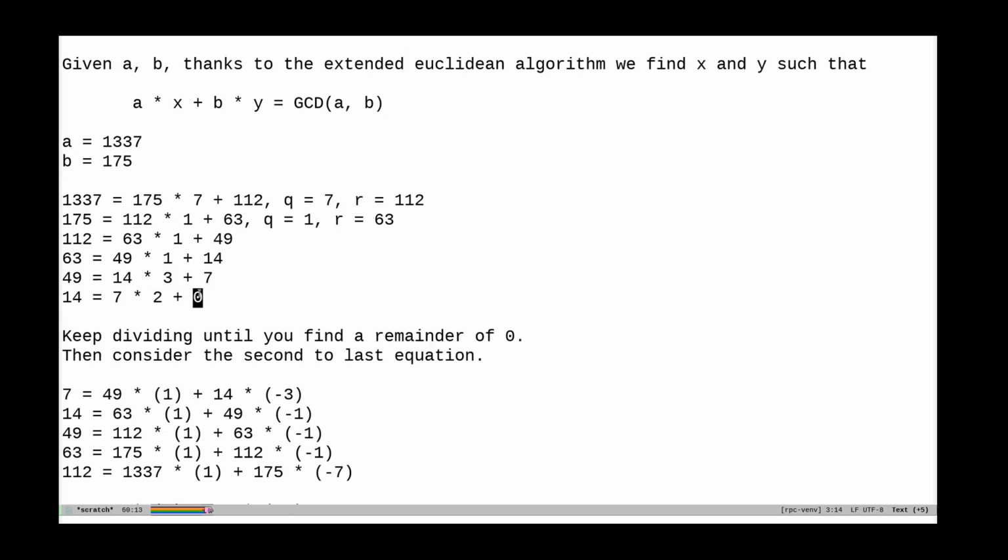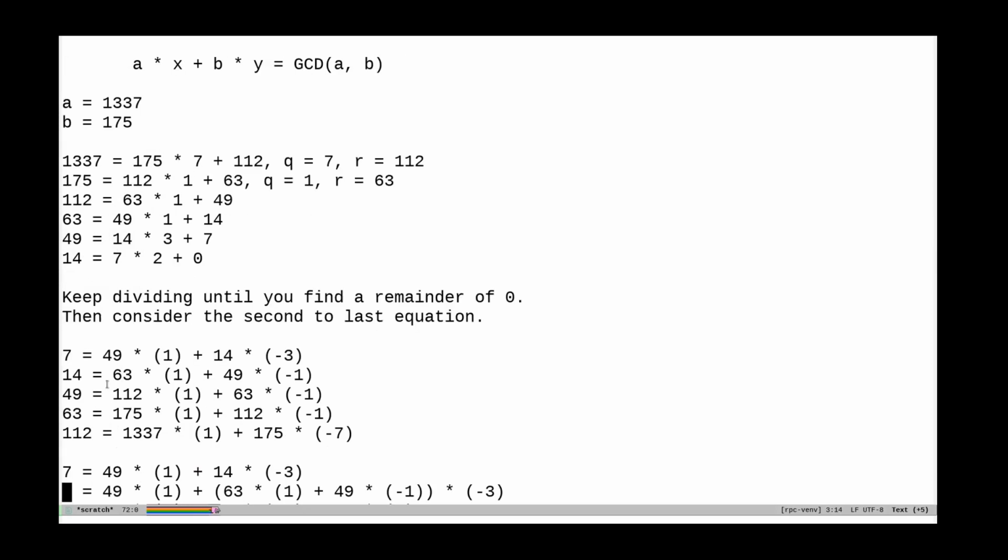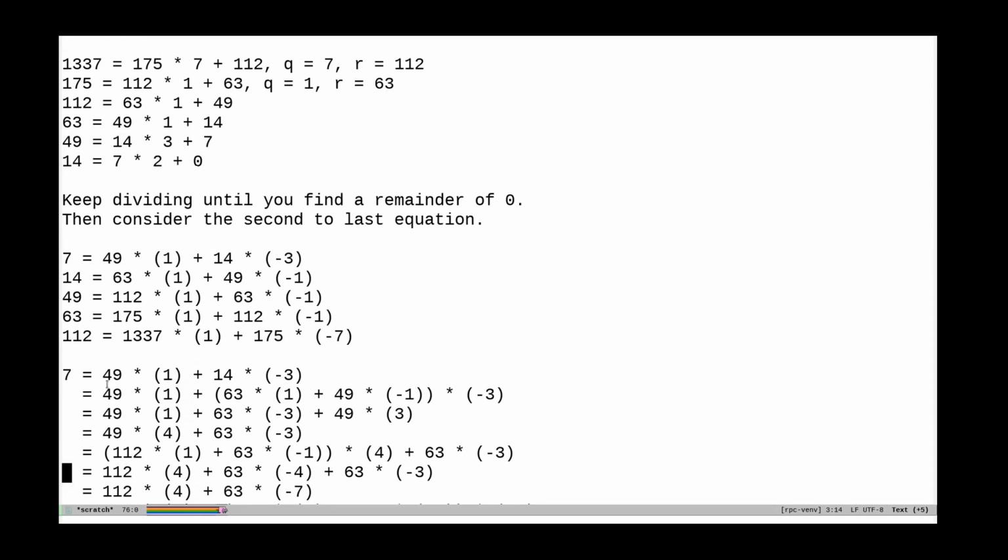Then once you find 0, you go to the previous equation, you express everything in terms of the remainders, and you start substituting starting from the top. So I really suggest going down, then going up, and then you say, okay, if 7 was the last one, I'm going to put it as the first.